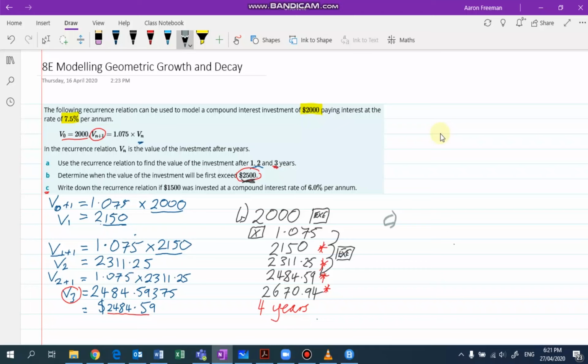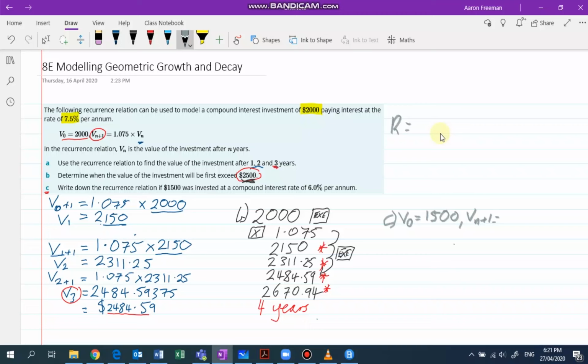So start off, we know what we're starting with, so V0 is equal to $1,500, comma, Vn plus 1 equals, so we need here our R value.